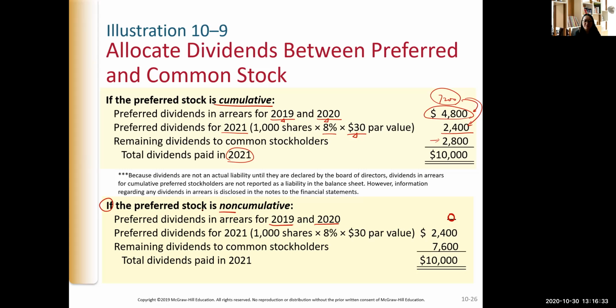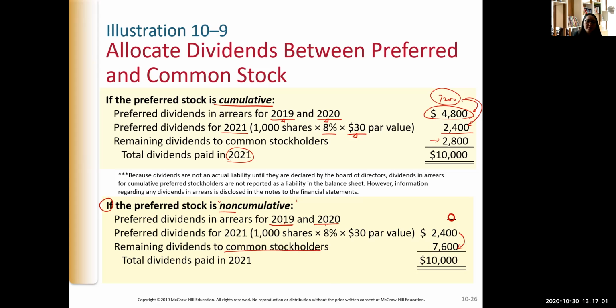But if the preferred stock is non-cumulative, since you didn't pay the preferred stockholders the last 2 years, this year you do not need to pay them. You just need to pay this year's preferred dividend, which is 2,400, and whatever is left is given entirely to common stockholders.